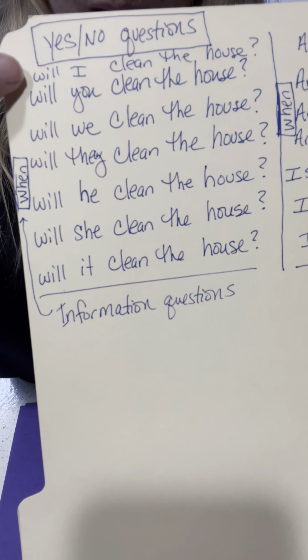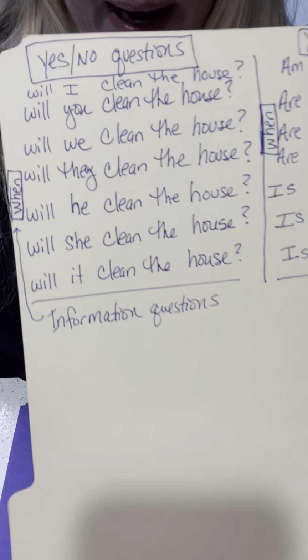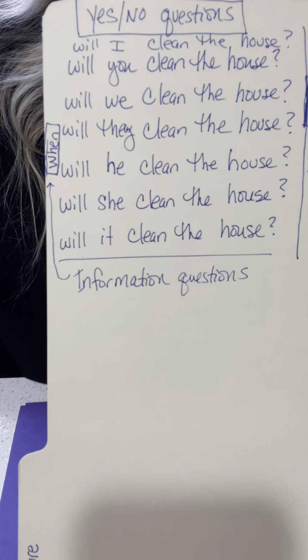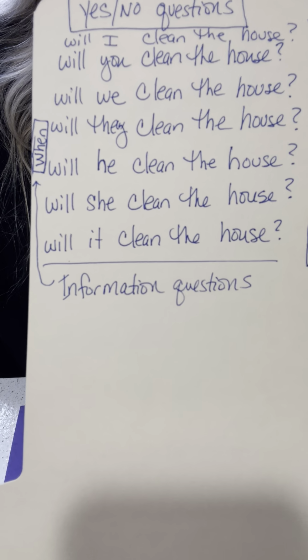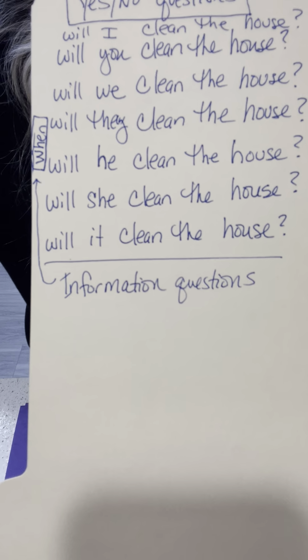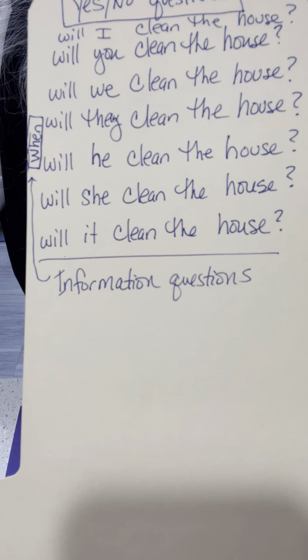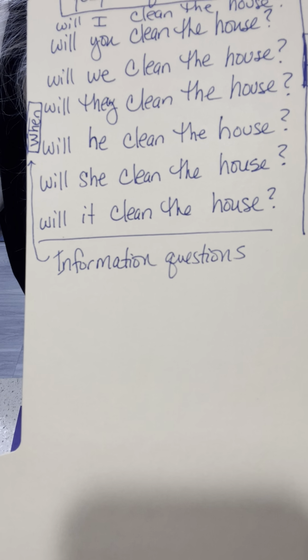So when would come in front of the word will. When will I clean the house? When will you clean the house? When will we clean the house? When will they clean the house? When will she clean the house? When will it clean the house?